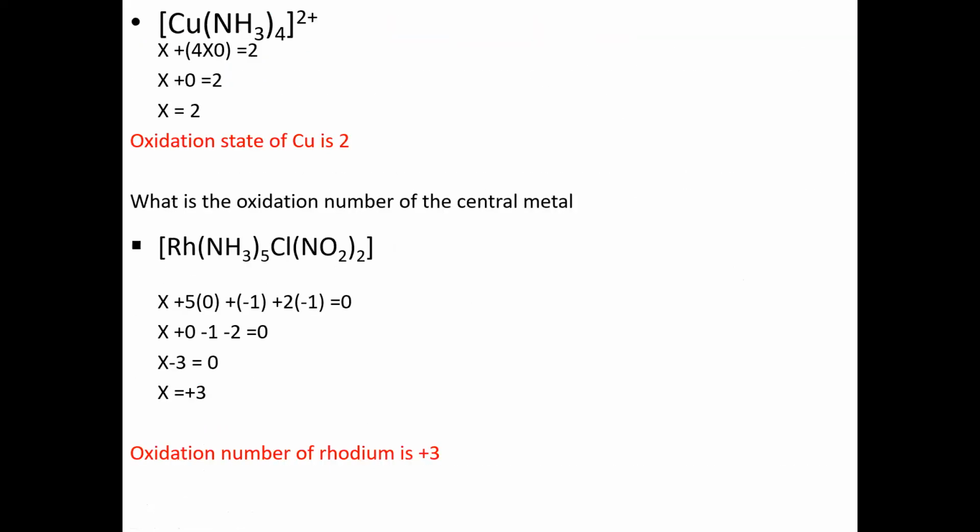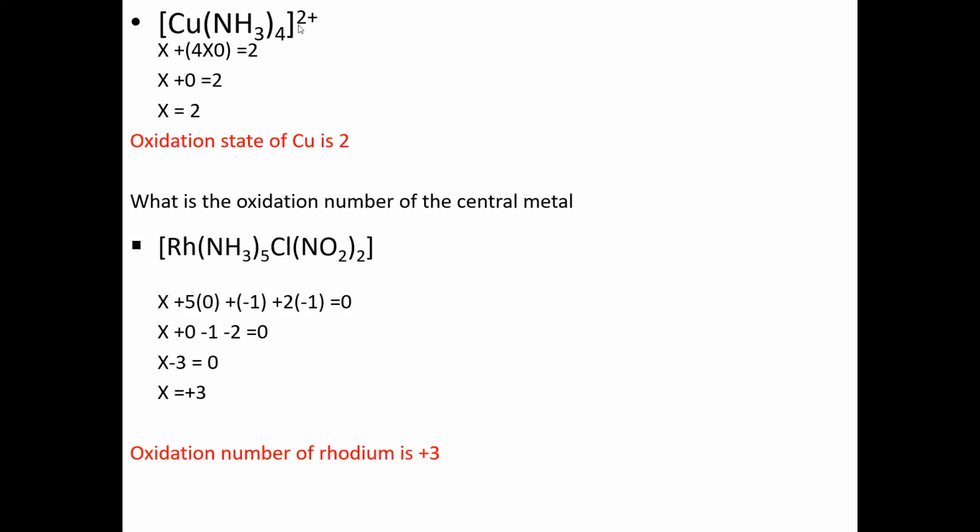So the next, we also have our copper coordinated to 4 ammonia ligands, and now it has a charge. So we are also going to determine the oxidation state of our copper.